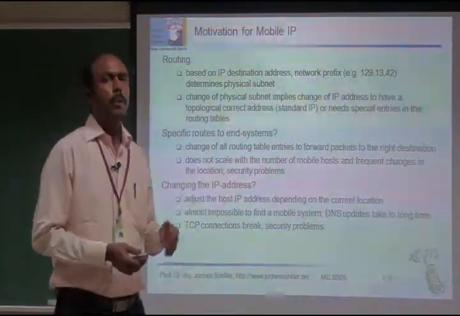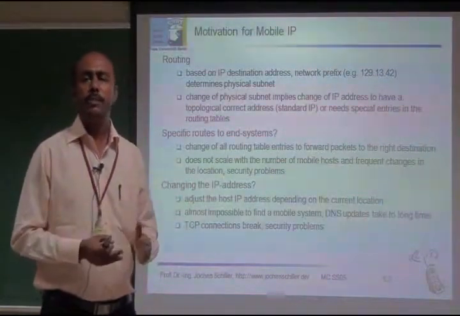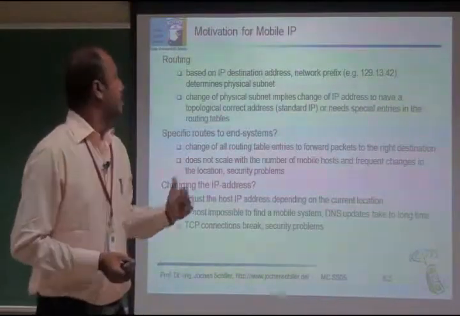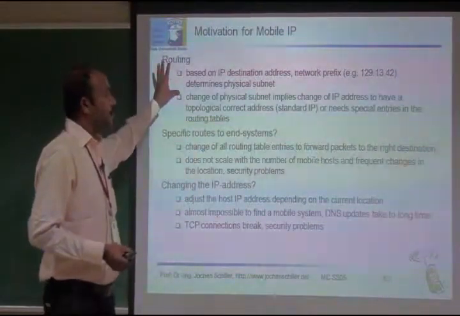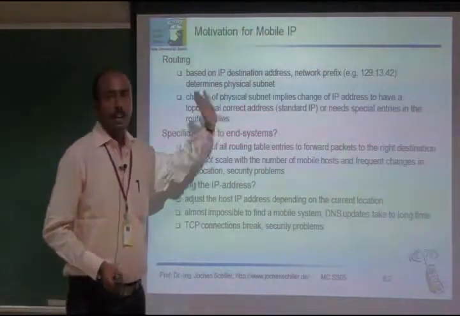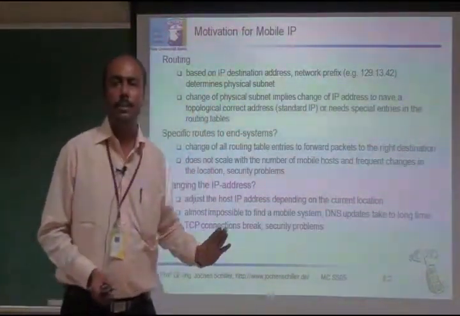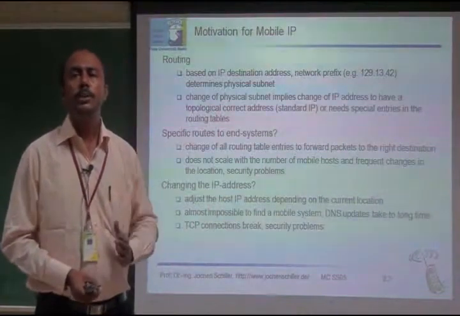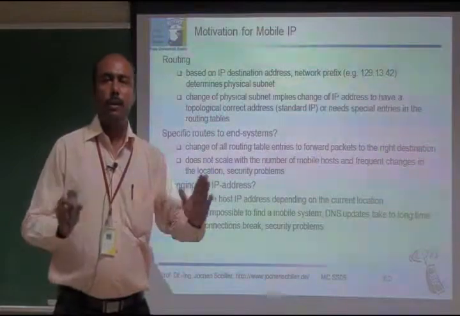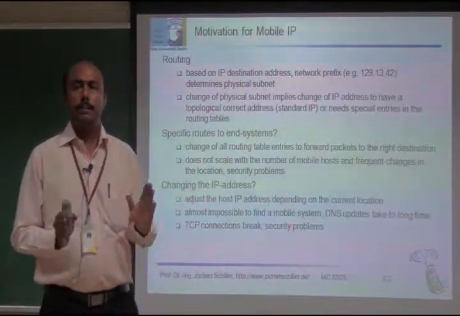So what is the use of mobile IP? How does mobile IP transmit the data when mobile nodes are moving very frequently? That is the question. These are the specific characteristics of mobile IP. Based on the destination IP address, we transmit the data through internet protocol. That is the basic characteristic of internet protocol.